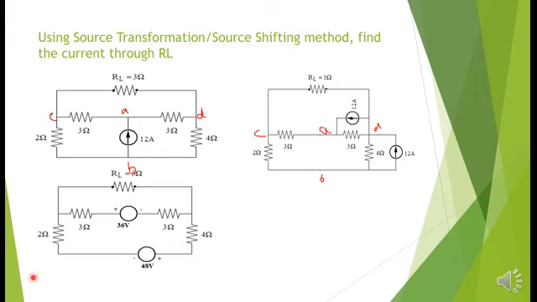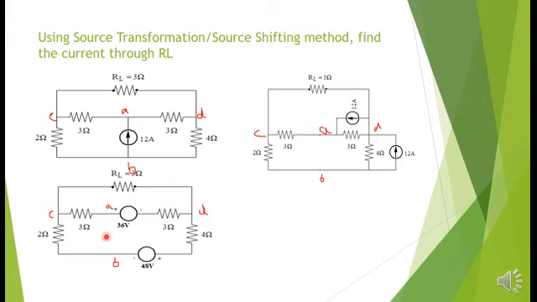Now these two branches, that is C, A, D as well as C, B, D. Here the 3 ohm and 3 ohm between C and D are connected in series. So I can replace them by series simplification.